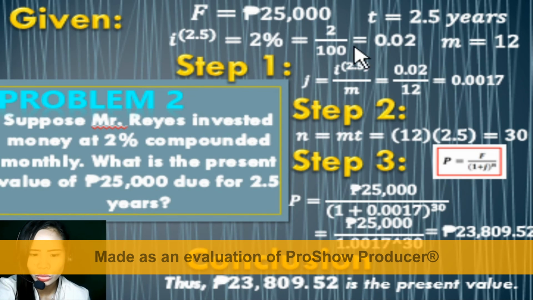Now, substituting everything to the formula that we have here, your future value is 25,000 pesos. Your j there that's been solved in step 1 is 0.0017, and our n is 30.